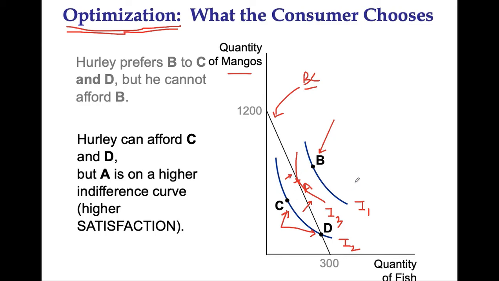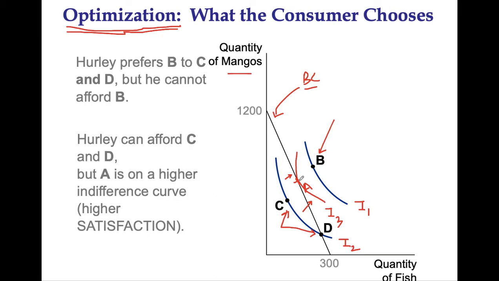So the solution appears to be the point or the bundle of goods where the optimization happens, or where the indifference curve touches the budget line. At this point A, the consumer gets the highest satisfaction possible, and this bundle is affordable because it is on the budget constraint line.